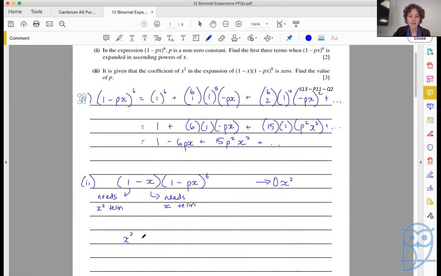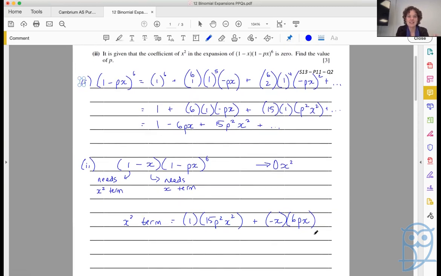Our x squared term is going to equal our 1 times our x squared term, which is 15p squared x squared, plus our minus x times our x term, which we've already got, minus 6px. And there it is. There are the terms that we needed. They just happen to be there.